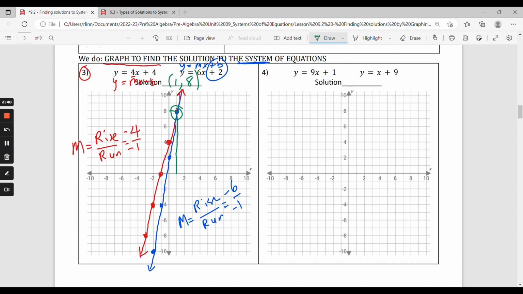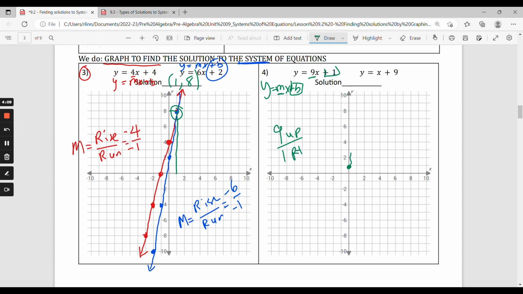So now let's go ahead and look at problem 4. Problem 4, again, we've got 2 equations here. They're written in slope-intercept form, so we're going to be looking at y equals mx plus b. Now my b value here is plus 1, which means I'm going to first put a point on positive 1. My m value is 9, which means that I need to go 9 up and 1 to the right.